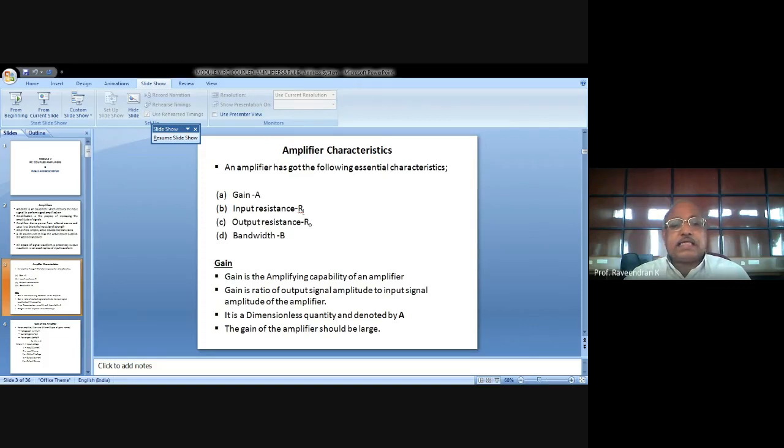If the gain is less than 1, what does it mean? The gain in dB is negative. If it is less than 1, it is a negative quantity in dB, which means it is not an amplification, it is an attenuation.